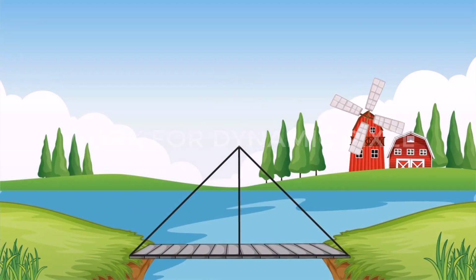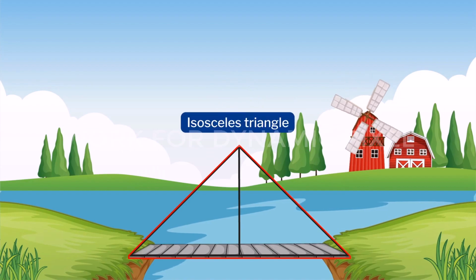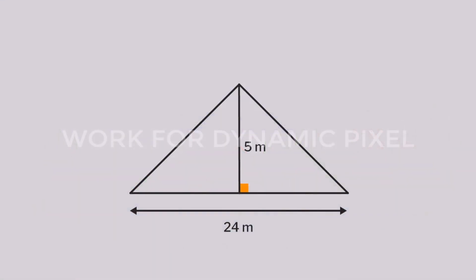The structure of this bridge represents an isosceles triangle. Let's name this triangle ABC and the point where the altitude and side AC meet to be point D. The base AC of this triangle ABC is 24 meters long and the altitude BD is 5 meters high.